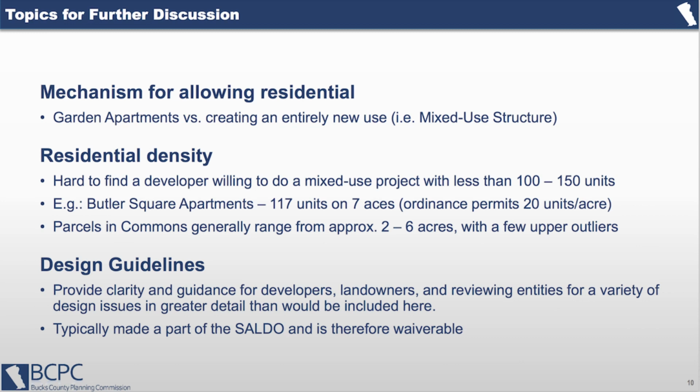So if you wanted to increase the viability of your pool of potential parcels that can be developed in order to get to that 100 to 150 unit threshold, you really have to up your permitted density to something closer to say 40 units an acre. But if you're okay limiting your pool of parcels to something smaller, then you'd probably be okay with a lower density allowance, like 20 units an acre.